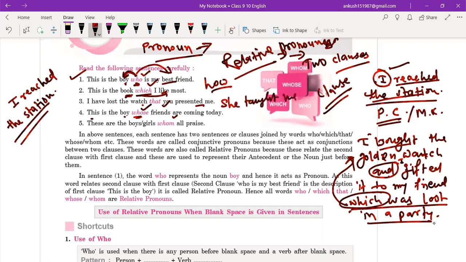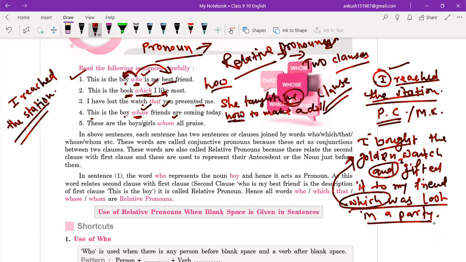She taught me how to make a doll. Understood? So this how is relating this object now. See, why is this relative pronoun how not taken over here?